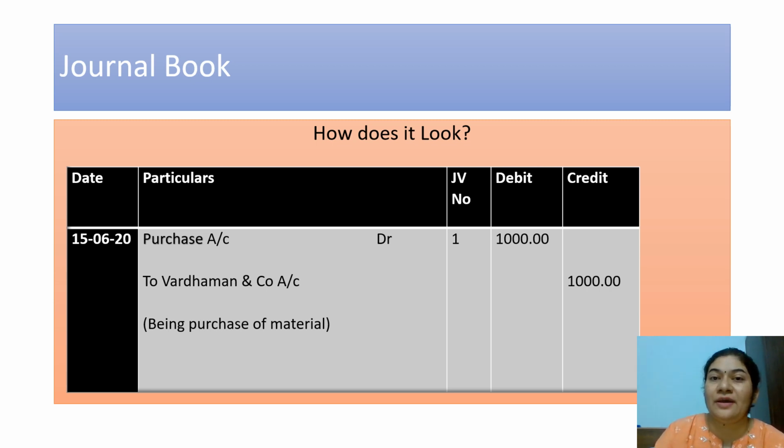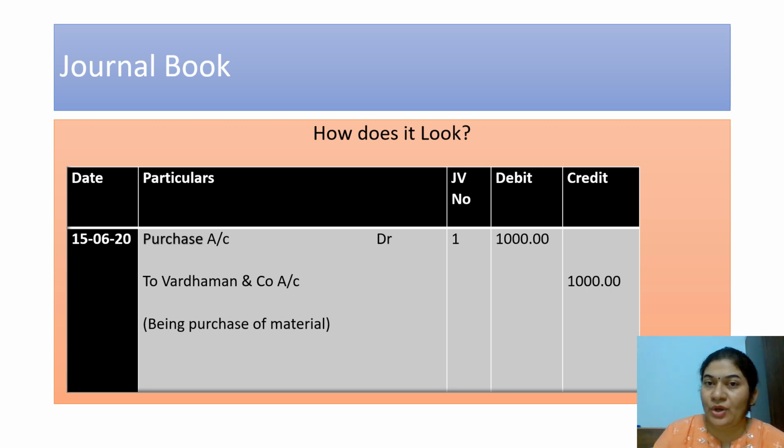Then the JV number. What is a JV number? Each and every entry which you book will have a specific entry number or JV number, that is, the journal voucher number. And the same number will be reflected on the document on the basis of which you are entering this transaction.